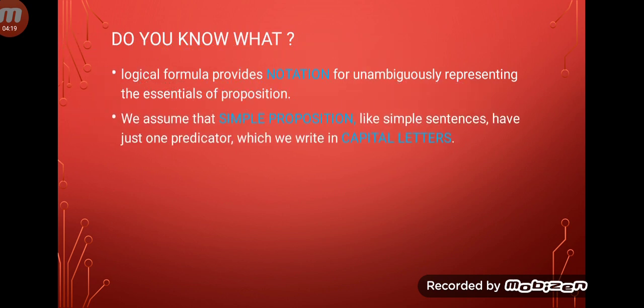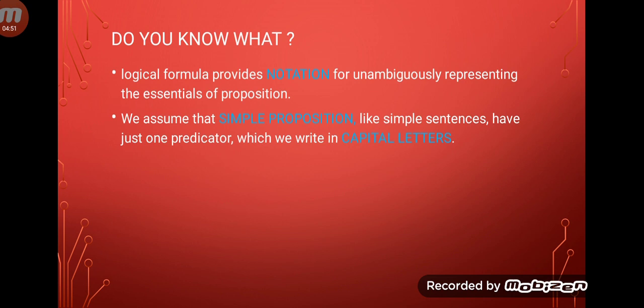Next, we assume that simple propositions, like simple sentences, have just one predicator. So from the beginning of this discussion, we have to know that a simple proposition will have just one predicator.